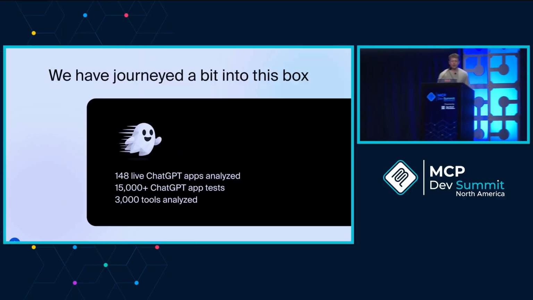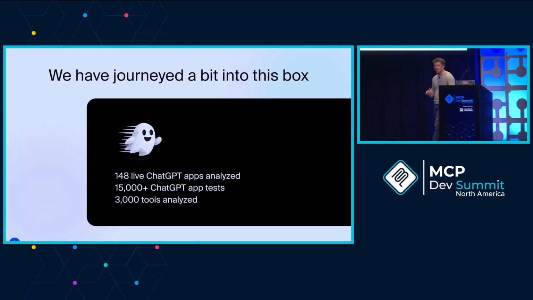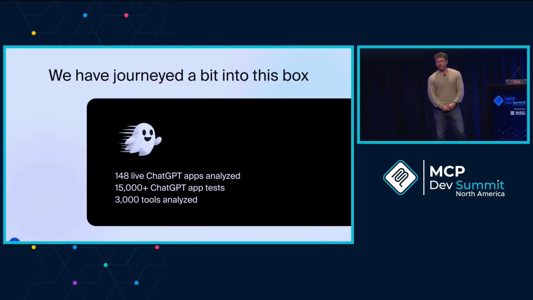So we journeyed a little bit into this black box as best as we could. We sent one of our ghosts, and we did a thorough analysis of 148 live ChatGPT apps. And we did over 15,000 simulations, all kinds of prompts.